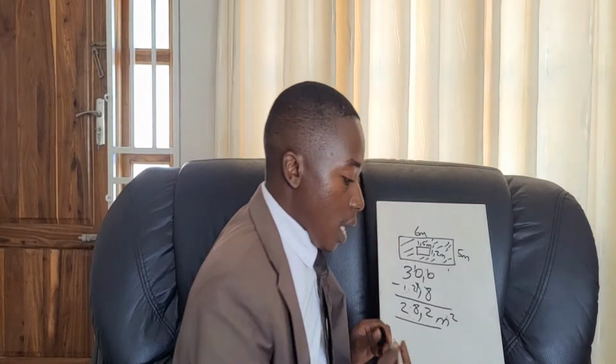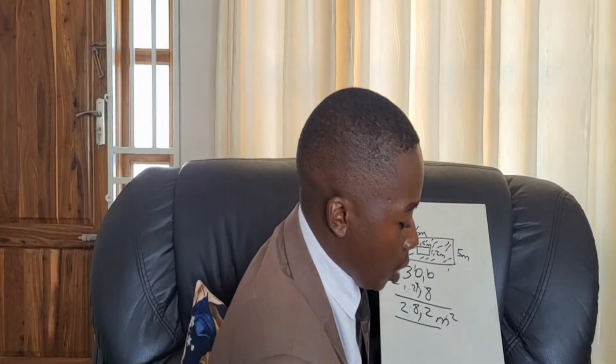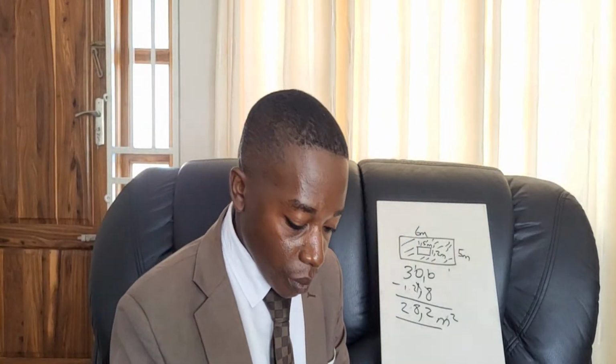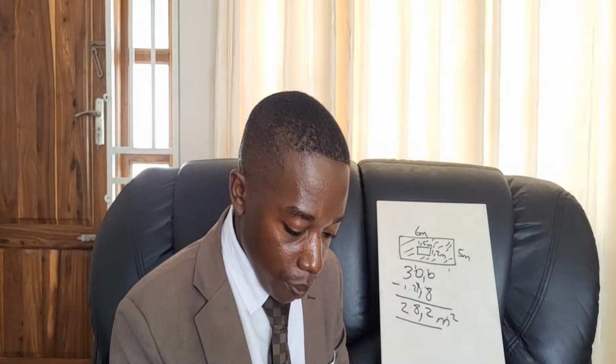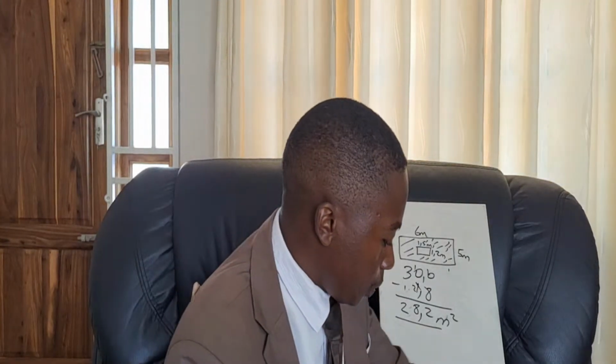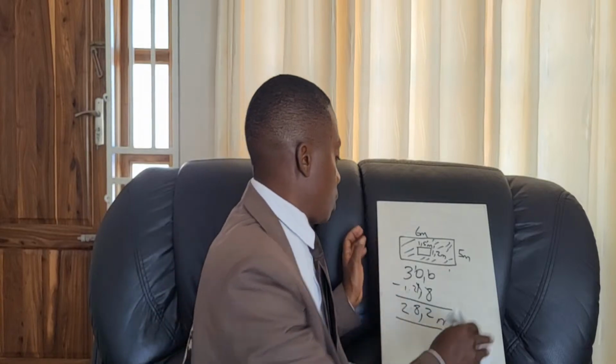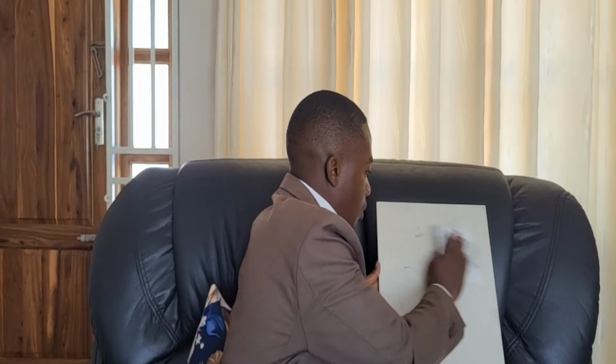That's the area of the wall that is going to be painted. 28.2 square meters. Okay, the next question is number 8.